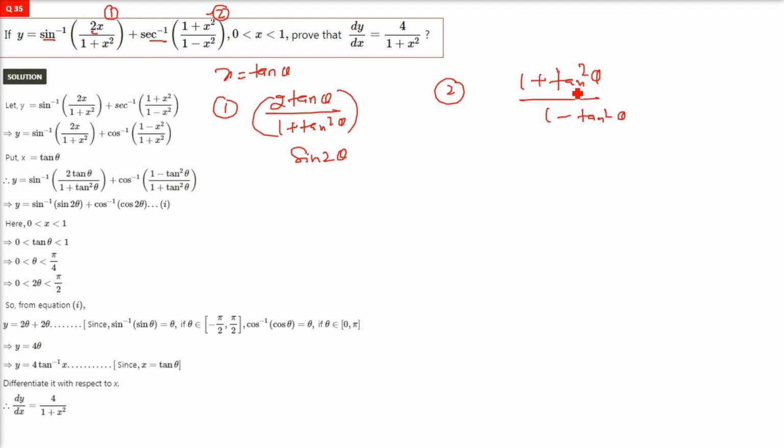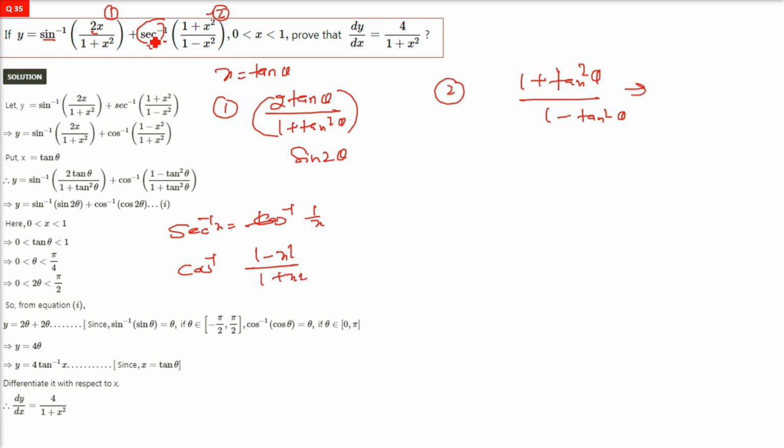But we have a sec inverse outside. So we need to convert this sec inverse into cos inverse so that we get the reciprocal of the inside thing, and then that ultimately gives you cos 2 theta. Because sec inverse x is cos inverse 1 by x.